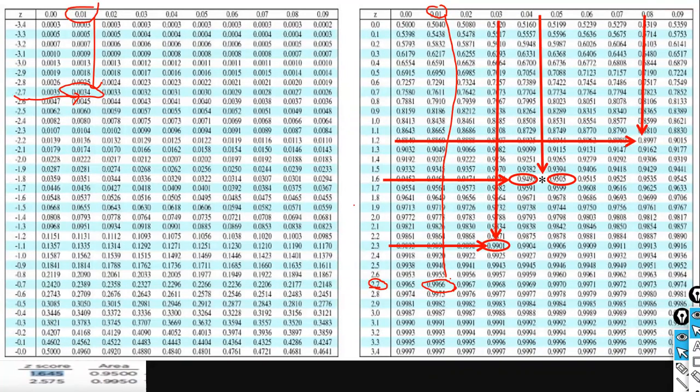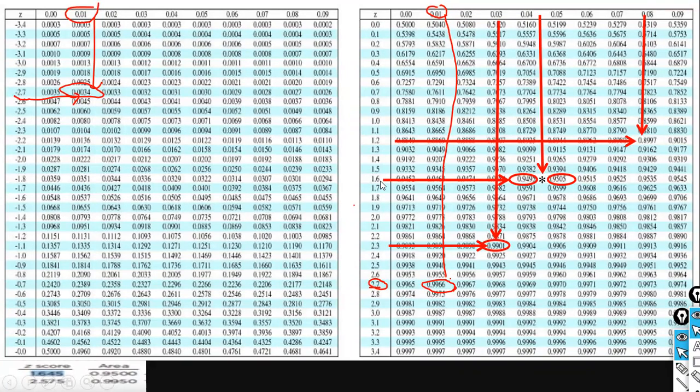So we need to find where 0.95 is located in this Z distribution table. Somewhere we can see 0.9505. It is slightly bigger than 0.95. On the other hand, 0.9495 is slightly lesser than 0.95. So which means somewhere in between these two values, the 0.95 will be there.